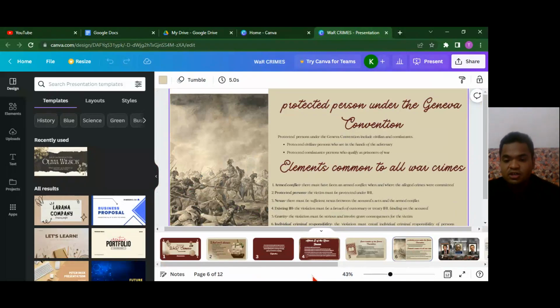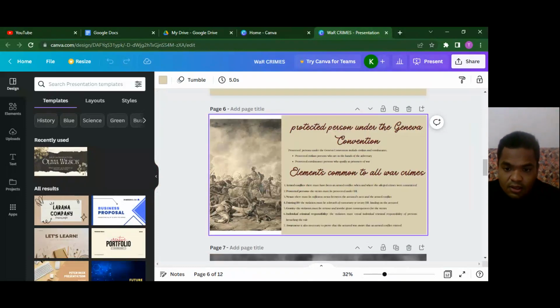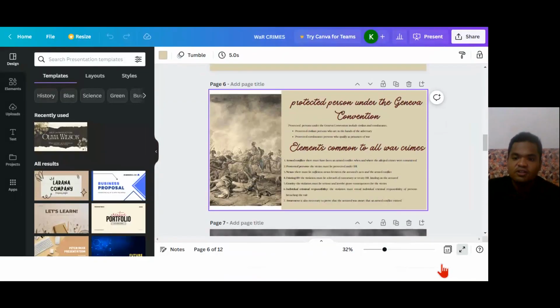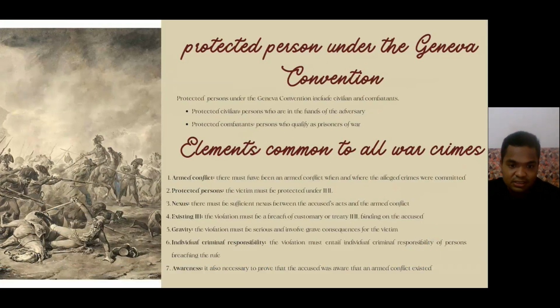We will proceed to the elements common to all war crimes. The first one is armed conflict. There must be an armed conflict when and where the alleged crimes were committed. Protected person: the victim must be protected under international humanitarian law.